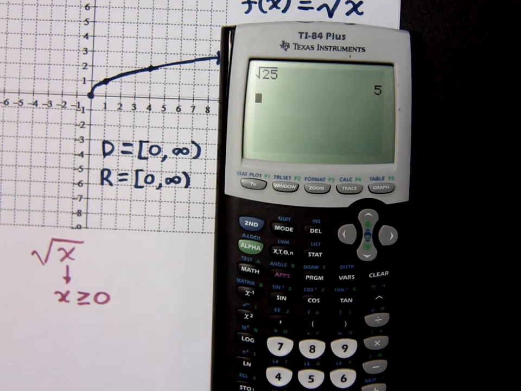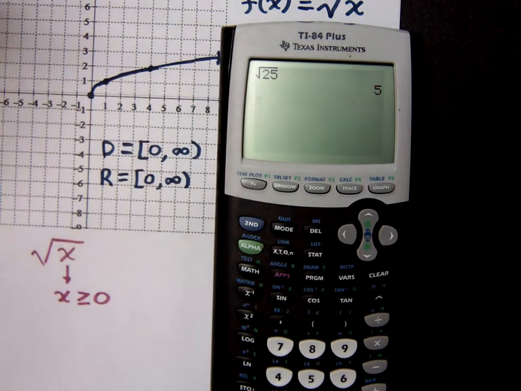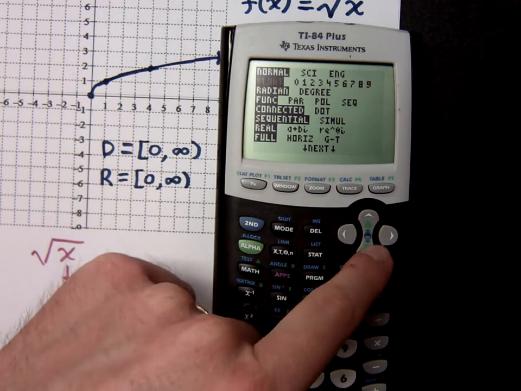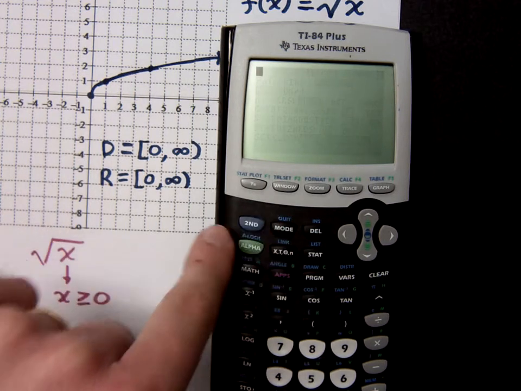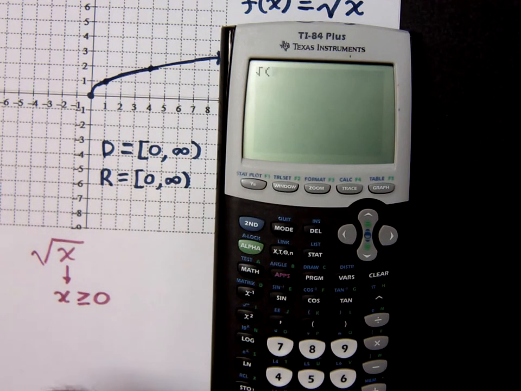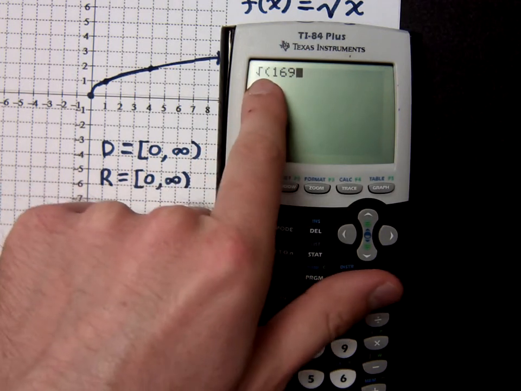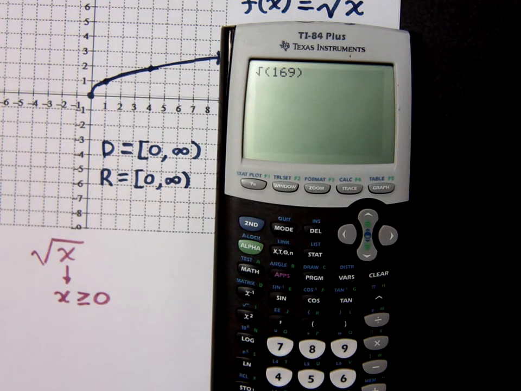Now you notice how with this particular version of the operating system, it puts the bar over the whole thing. If you're dealing with an older model, let me make that look better for you. So if I do the square root of 169, see how it does the square root and it opens up the parentheses? In this case, you don't have to close the parentheses since that's the only thing you have there.